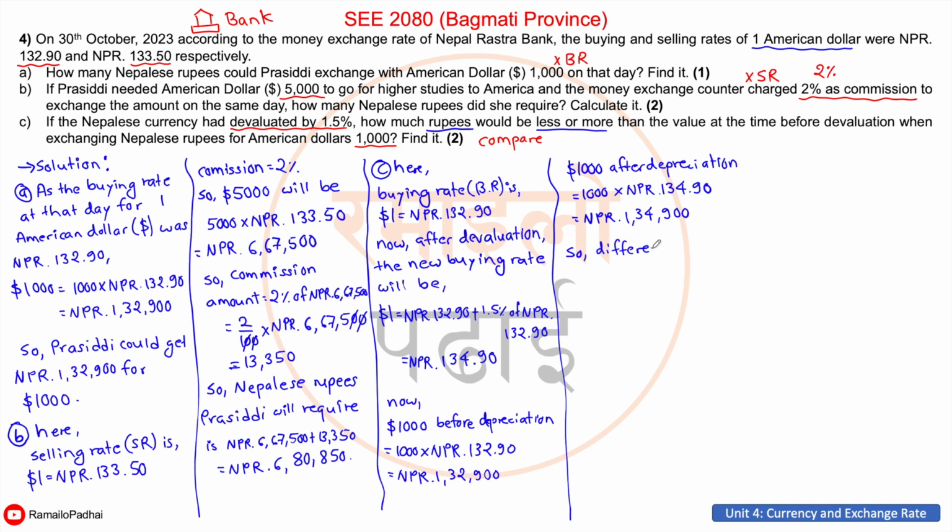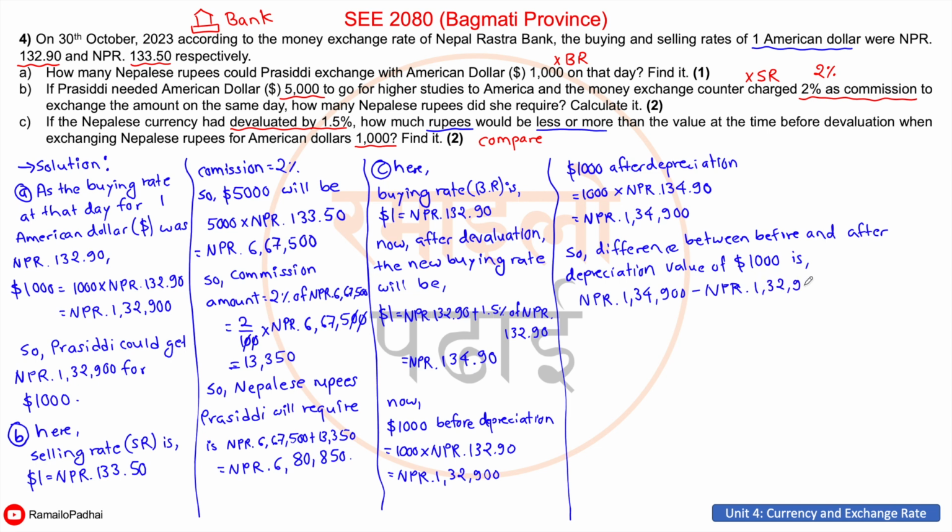So the difference between before and after depreciation value of 1000 American dollar is NPR 1,34,900 minus NPR 1,32,900, which is equal to NPR 2000.